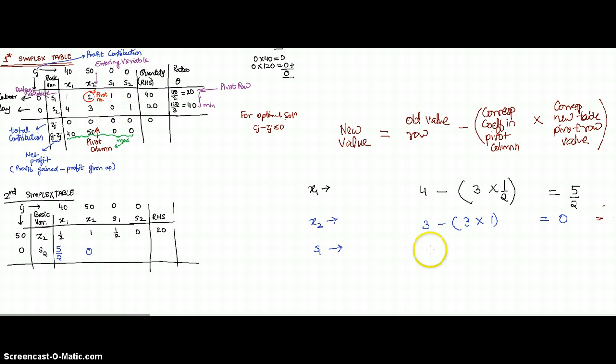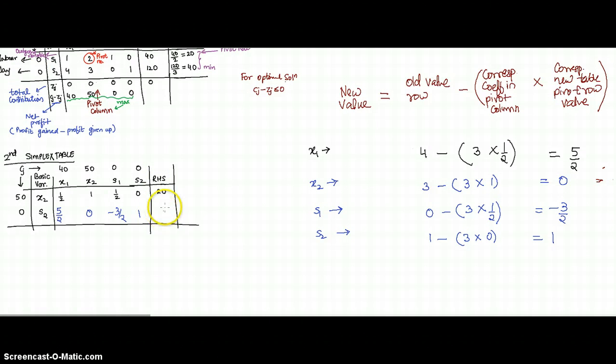This is the old row value, 0, minus the corresponding pivot column value, here it is 3, into the new one. This is half. So this will give you minus 3 over 2. That will come here. Similarly, for calculating S2, what will we get? 1 minus, again, this number 3 into the new one, which is 0. That will give you 1. This is 1.